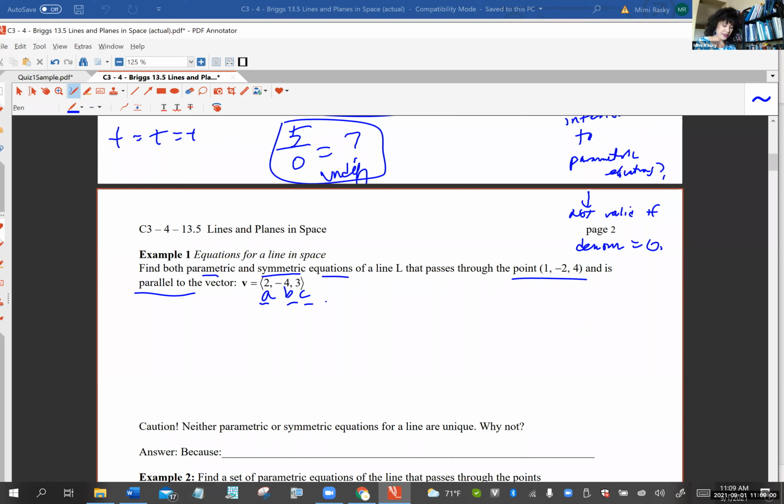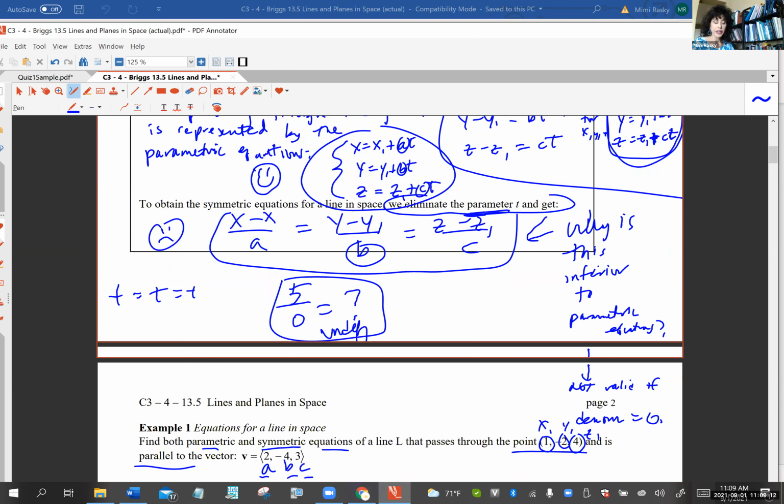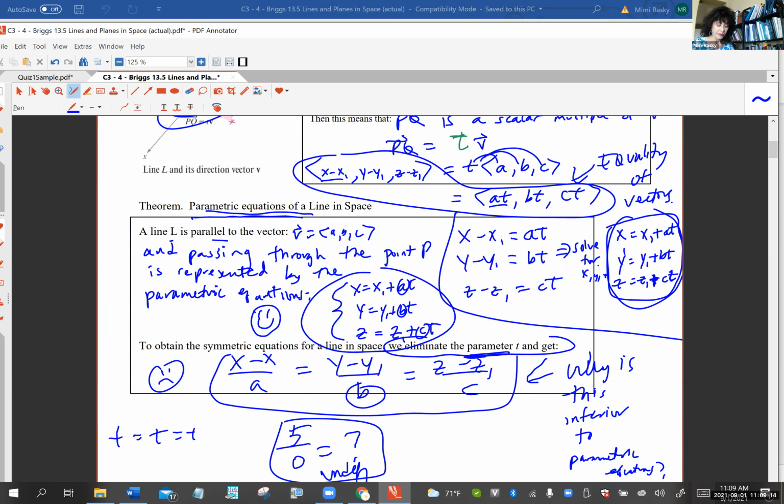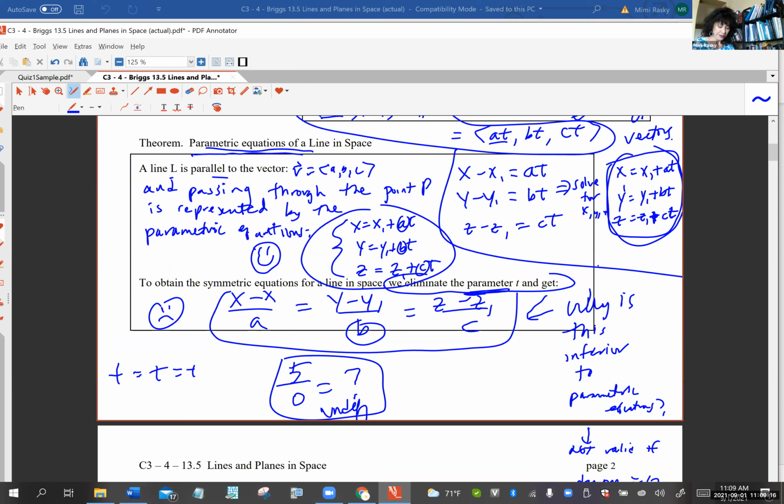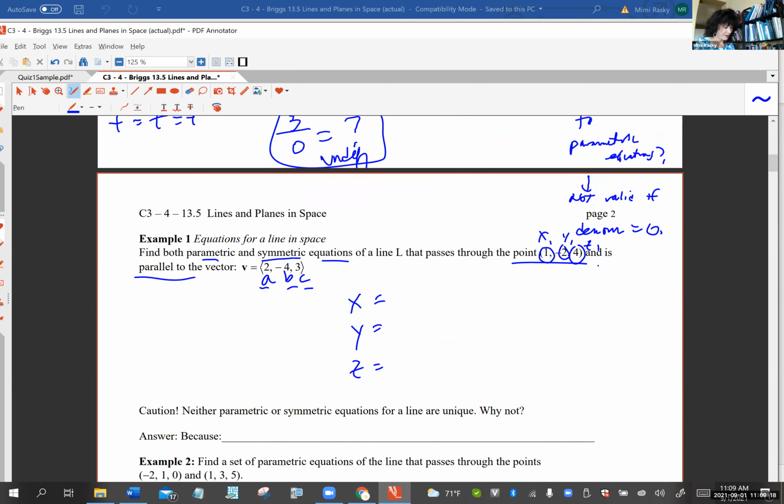So the A, B, and C are what you're going to multiply with your parameter. So the x1, y1, and z1 in this theorem are the coordinates of your point P. So you're going to go 1 plus 2t is your first equation: x equals 1 plus 2t.